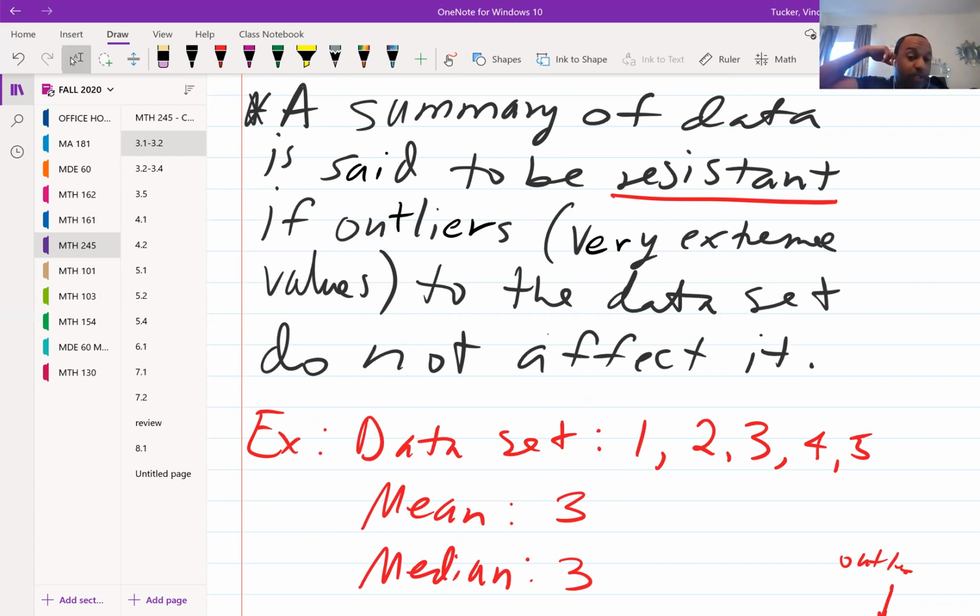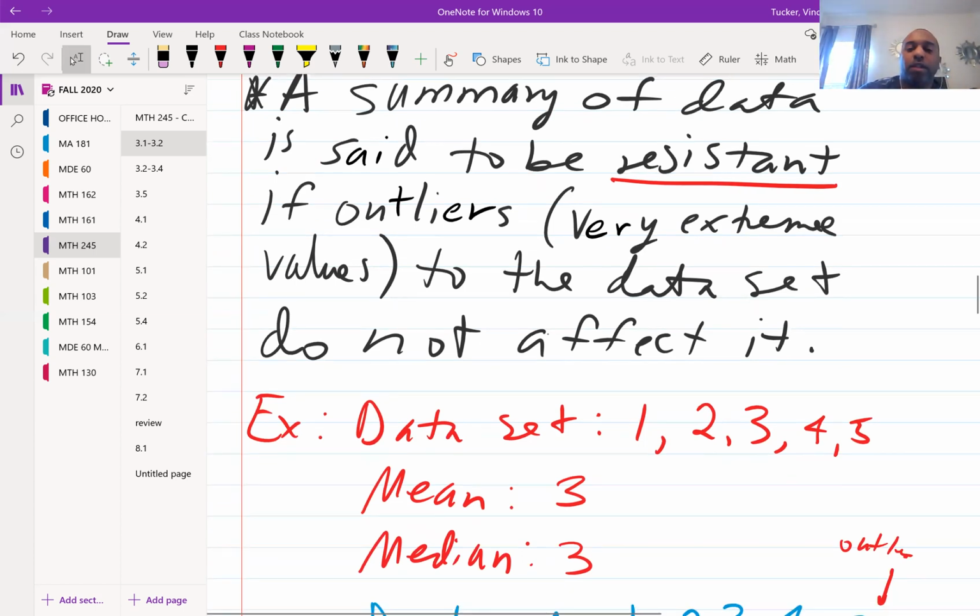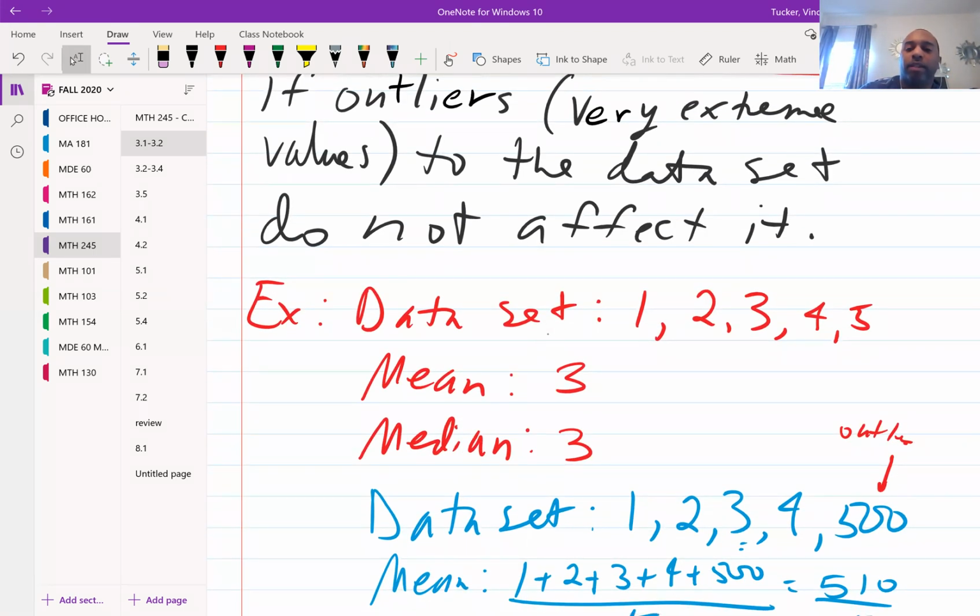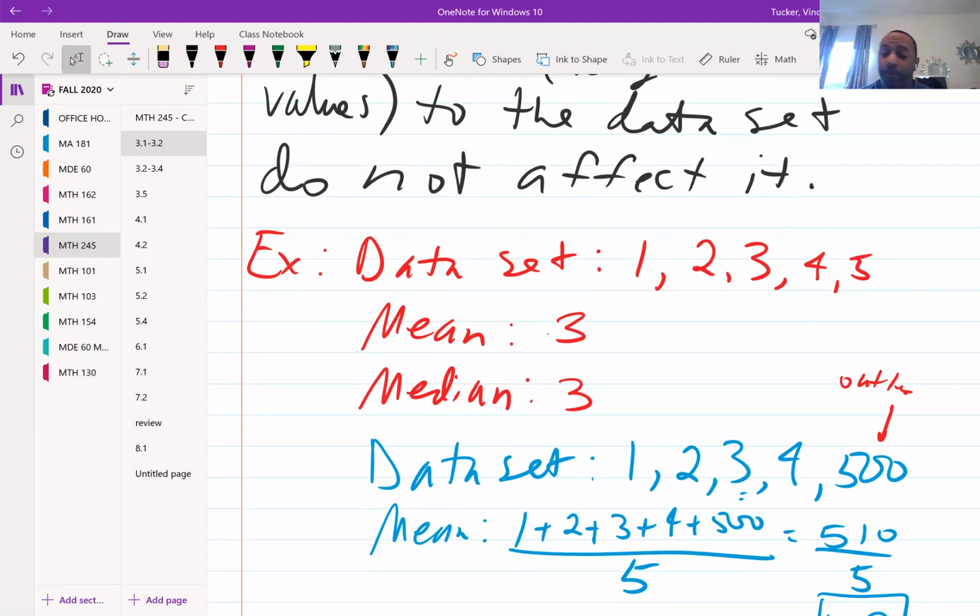All right, so the data set of 1, 2, 3, 4, 5, we've already found the mean and the median. Mean is 3 and the median is 3. But let's say we have the data set of 1, 2, 3, 4, 500. So I changed the 5 to 500. So in comparison to the data set, that 500 is an outlier.